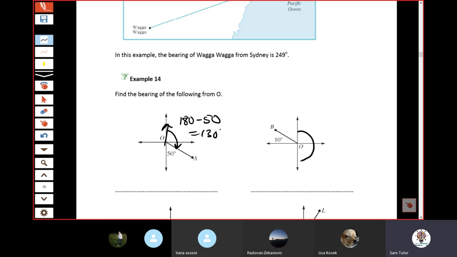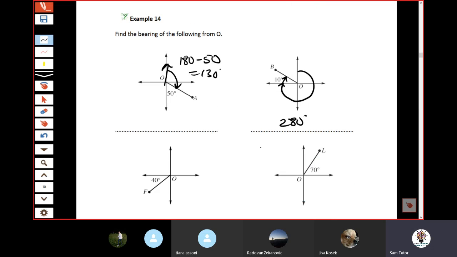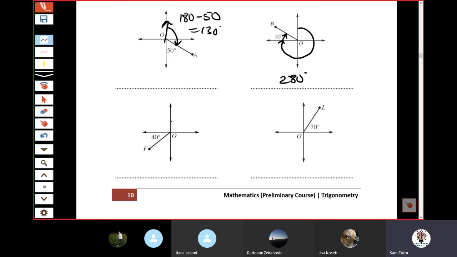That again starts from north, 270 plus an extra 10, 280 degrees. Let me know if I'm going too fast. This one is going to be 270 minus 40, 230. This, just 20 degrees.